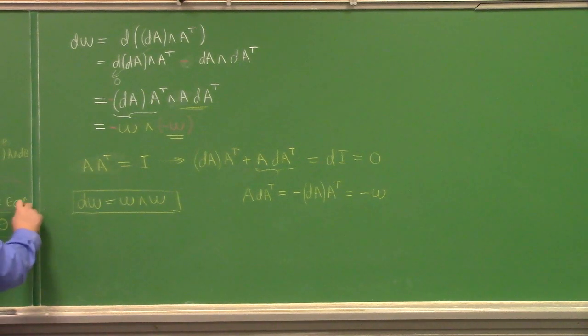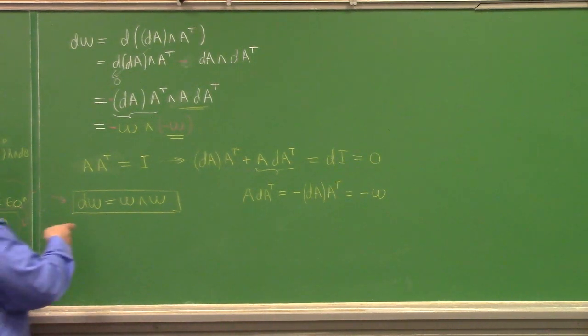These are both Cartan structure equations, this one and that one. We have cracked open the door into a vast subject called the exterior calculus of Cartan. It's not 0 necessarily, no, because it's a matrix of one forms, right?